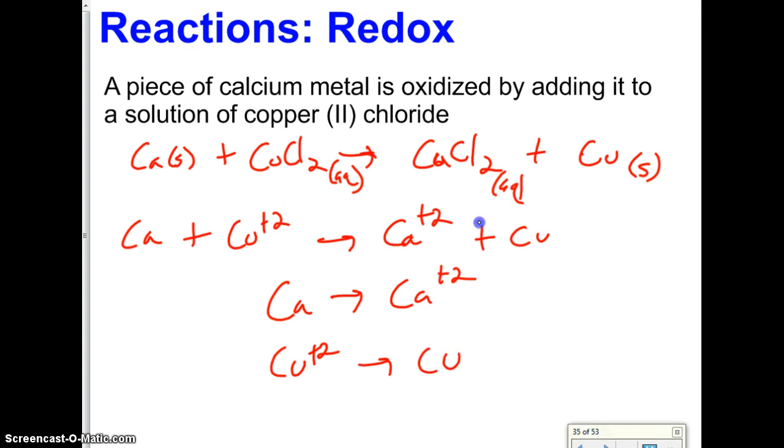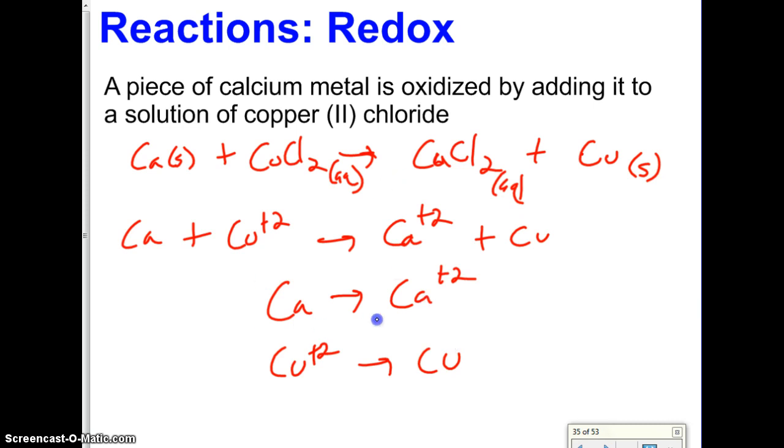And notice I'm leaving them on the correct side of the arrows where they always were. Calcium is forming calcium plus 2. So my calcium element is still on my reactant side, my calcium ion is on my product side. Same with my copper. Copper ions on the reactant side, copper metal on my product side. So that's staying exactly the same.